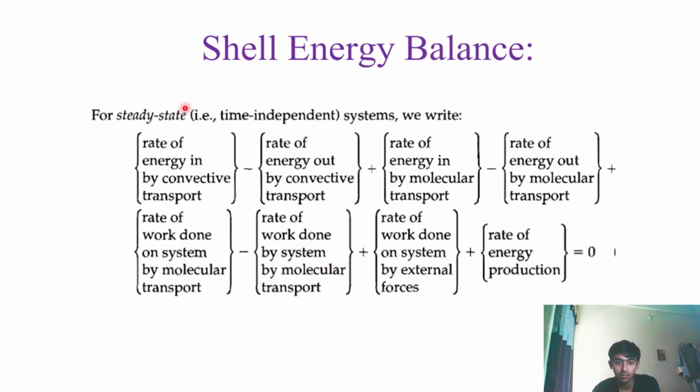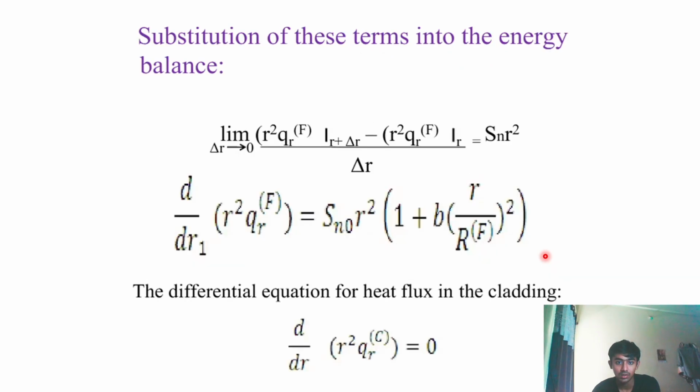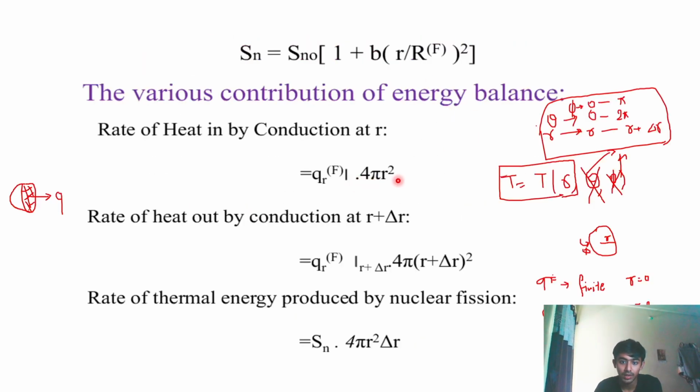So our system will be how much energy going in minus going out due to the convective transport plus the energy production. So if we take that cell balance for the steady state, and if we see there is the 4 pi r square and 4 pi delta r square, r plus delta r is very small, if we take it as negligible, so it becomes 4 pi r square.